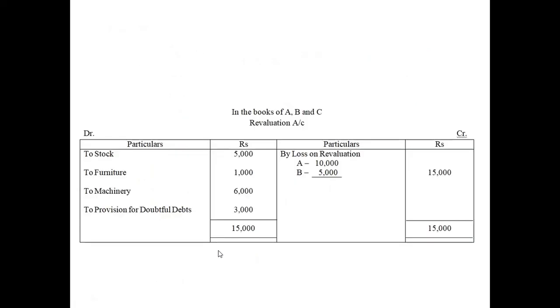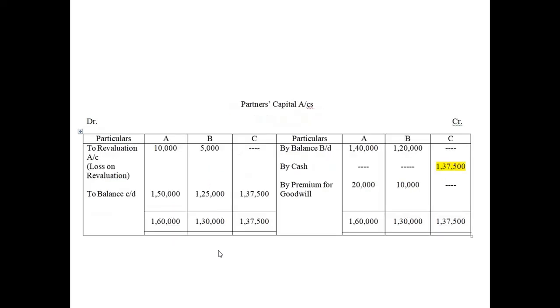You know how to calculate this revaluation account, so I will skip this portion. Now let us see this part. Write by balance BD from the balance sheet. Write by cash, but leave the amount.